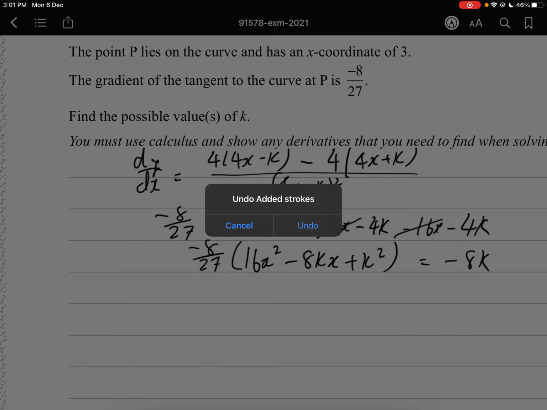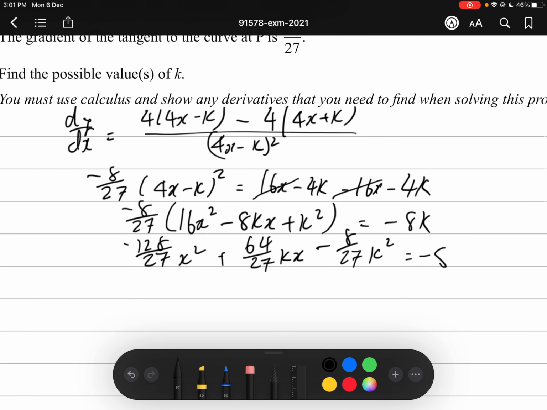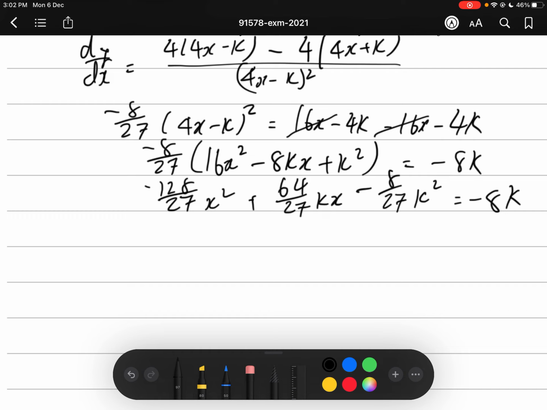Alright, now we just need to simplify by multiplying through by negative 8 over 27. So we have negative 128 over 27 x squared plus 64 over 27 kx minus 8 over 27 k squared, and that is equal to negative 8k. Now the x coordinate is 3, so we plug in x equals 3 into this equation.